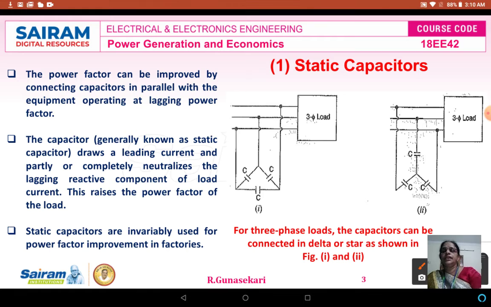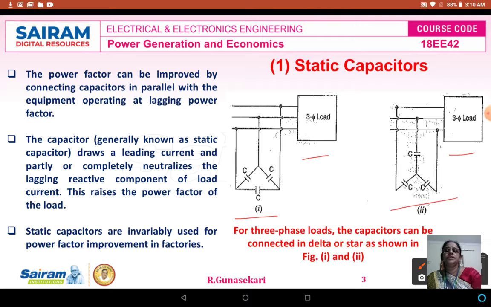First, static capacitors. Now you see the circuit diagram. This is the delta connected three-phase system. This is the star connected three-phase system. The load is a three-phase load. The power factor can be improved by connecting capacitors in parallel with the equipment operating at a lagging power factor.